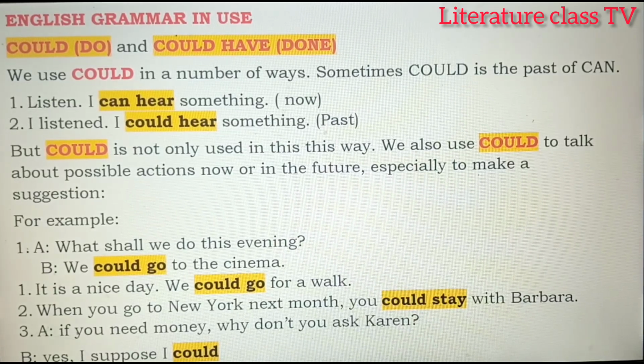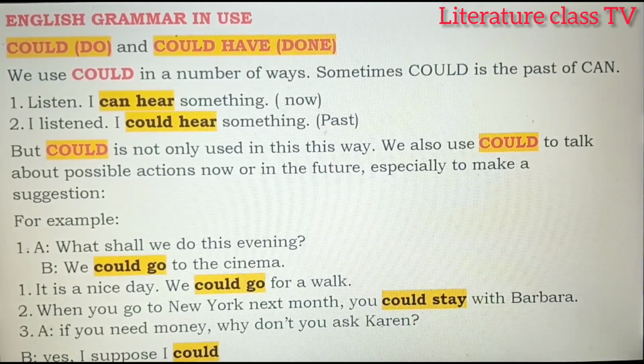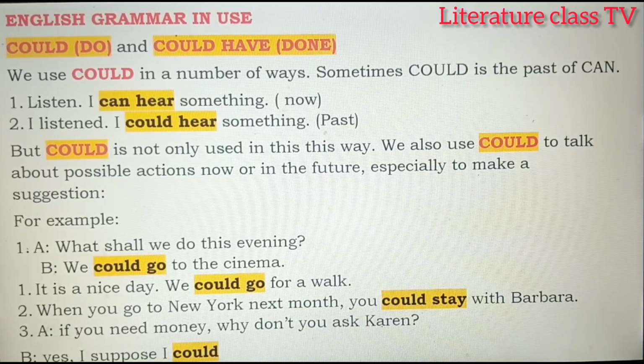One, we have A and B. A: What shall we do this evening? B: We could go to the cinema. They wonder what they can do. As a suggestion, they say that we could go to the cinema.